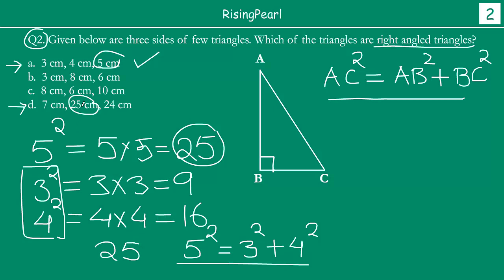So in this case, 25 square will be the hypotenuse. Then you will do 24 square and 7 square, and then you will add the other two and see if that sum is equal to 25 square. So this is your second type of question that you may be getting on right angle triangles or Pythagoras theorem.